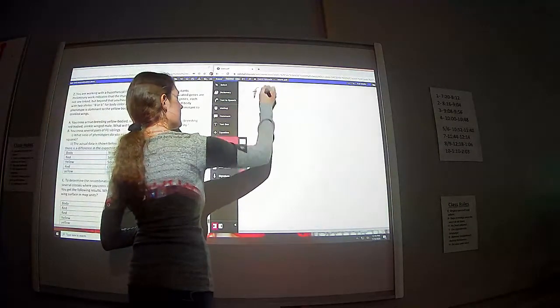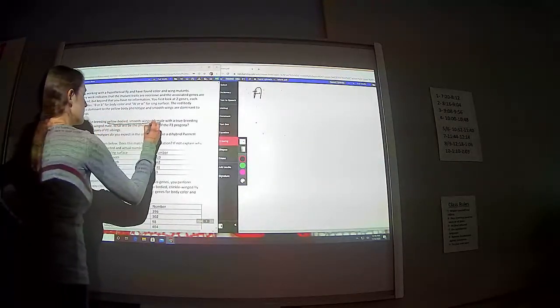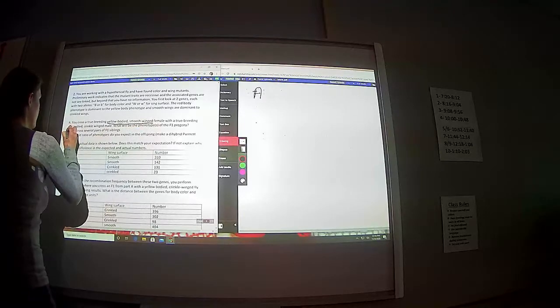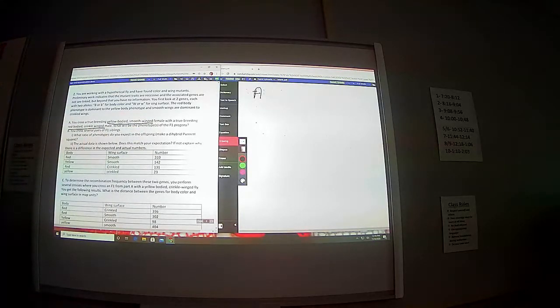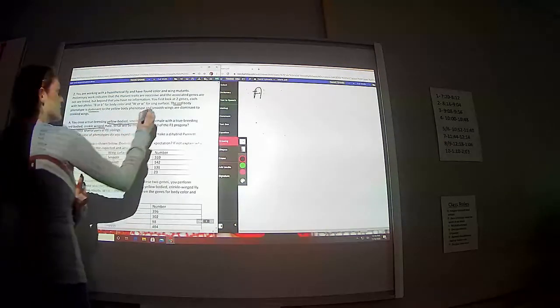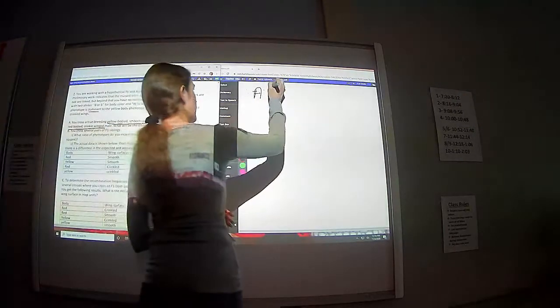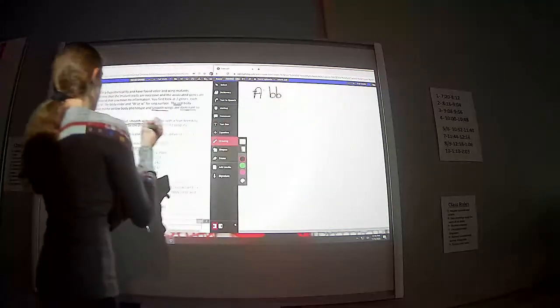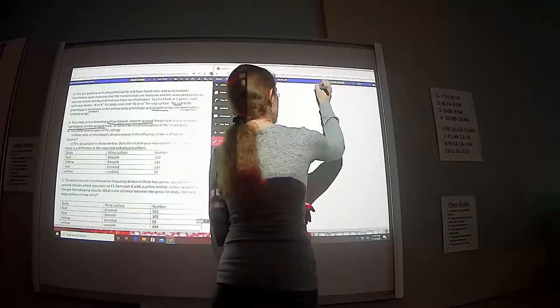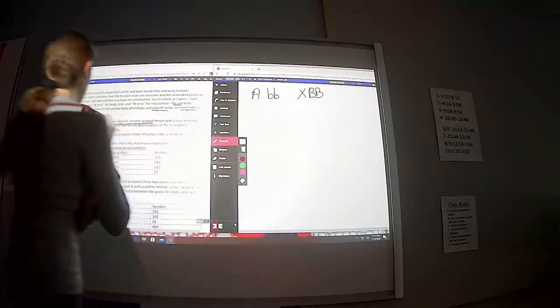So for A, I'm crossing yellow-bodied, smooth wings with red-bodied, crinkled wings. Red is dominant, smooth is dominant. Okay. So yellow body is going to be the recessive trait. So we know that one parent is going to be this, the other parent will be that.